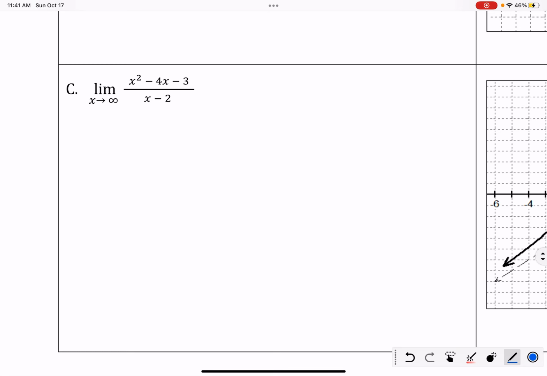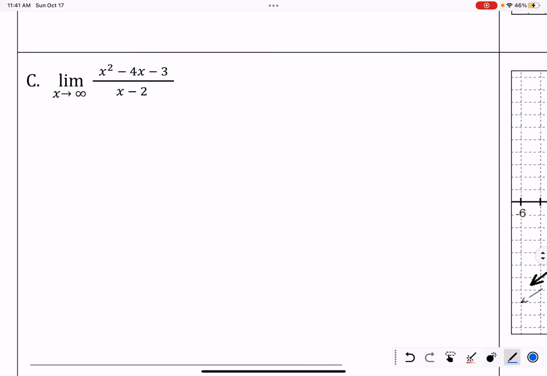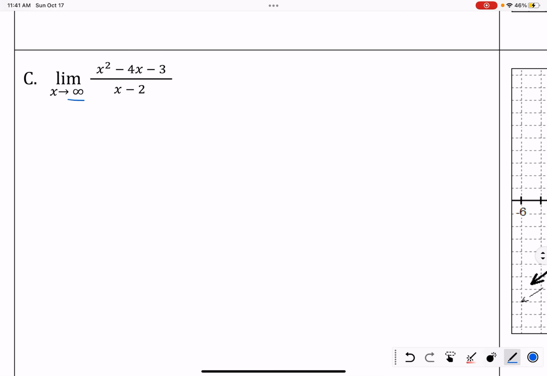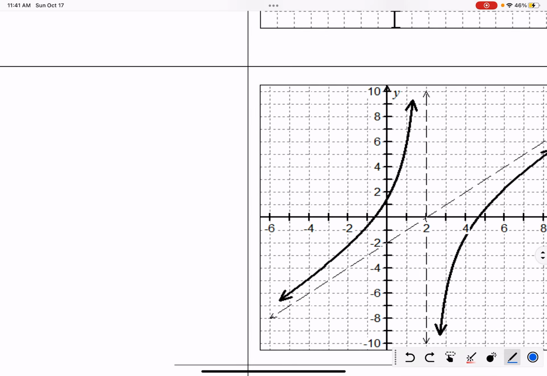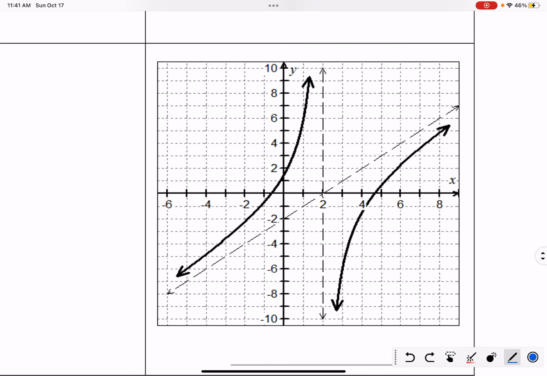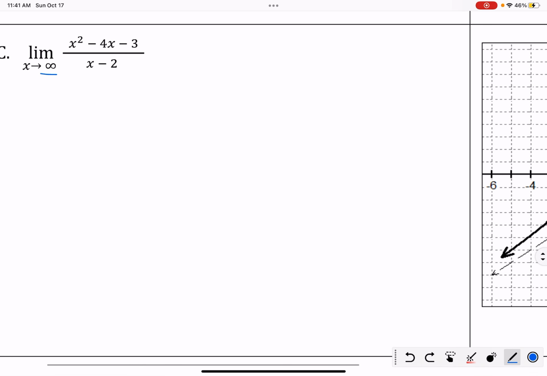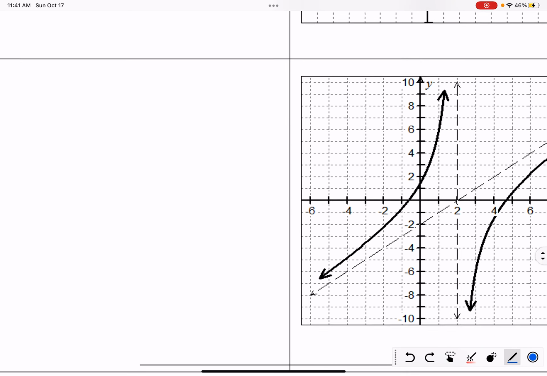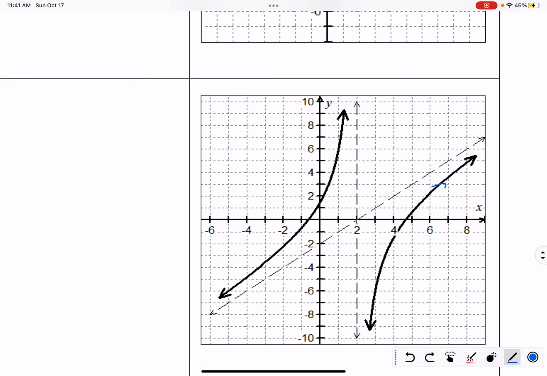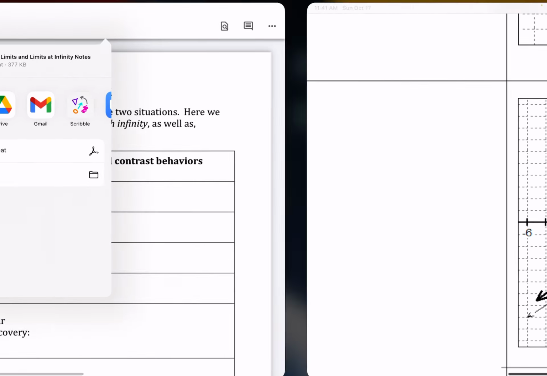Nothing crazy. Now for this one, I know the answer is infinity just by looking at it, because we're looking at infinity and the power is higher in the numerator, and that is what's happening on the graph. This one has a vertical and an oblique asymptote. It's going to happen very slowly, but eventually this is going to be shooting to infinity if we imagine it going on forever.